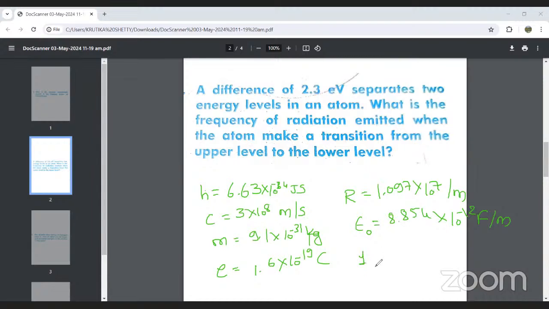Okay, and 1 joule to electron volt conversion is: 1 joule is equal to 1 divided by 1.6 into 10 raised to minus 19 electron volt.